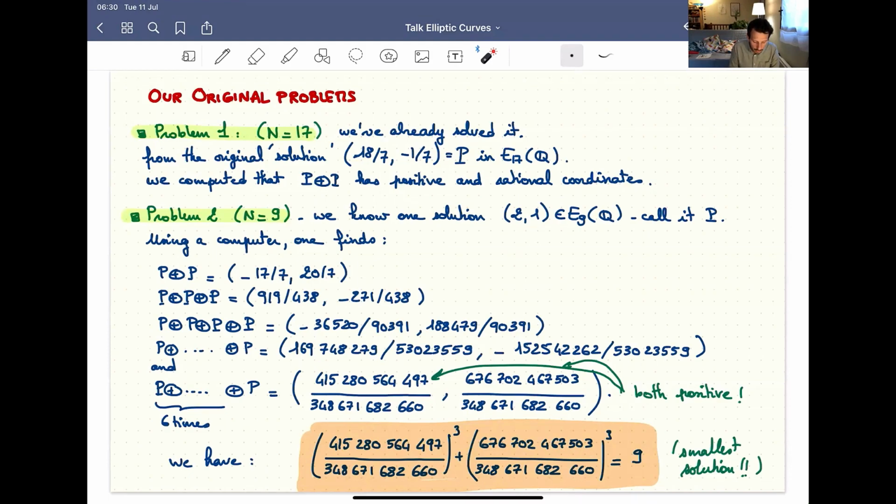But if you compute an approximation of this fraction with a computer, you can see this is probably close to 1.3 or something, and this is probably close to 1.9 something. So as real numbers, those two coordinates are not very big. They are not very difficult to understand, right? Maybe between 1 and 2. But as rational numbers, they are very big.